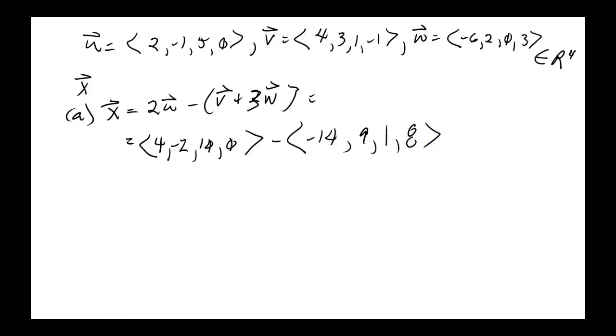And then subtract those. Add and flip the signs. That gives 18, -11, 9, let's see how they did. 18, -11, 9, -8. Good for them.